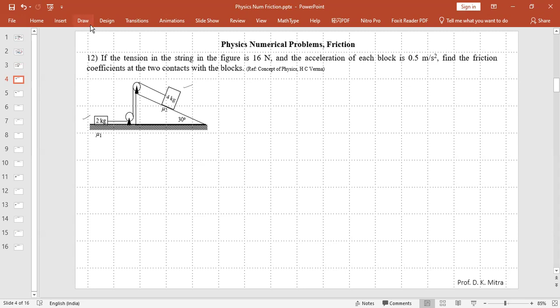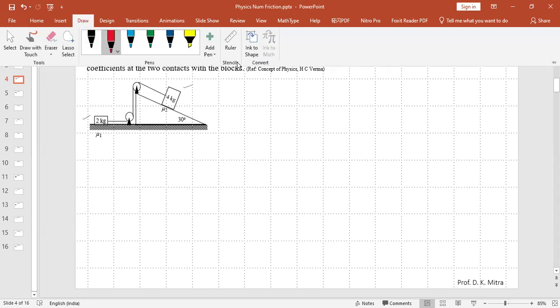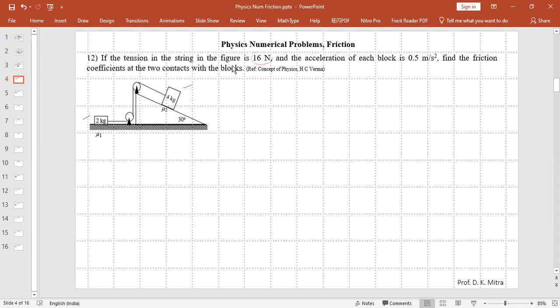It says that the tension in the string is 16 Newton. So tension is equal to 16 Newton, and the tension is also the tension here.